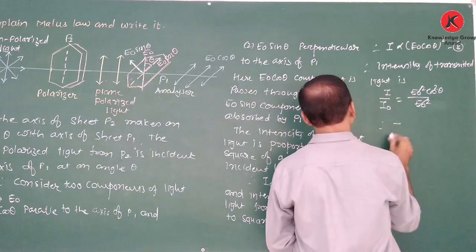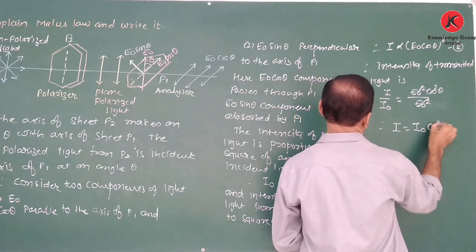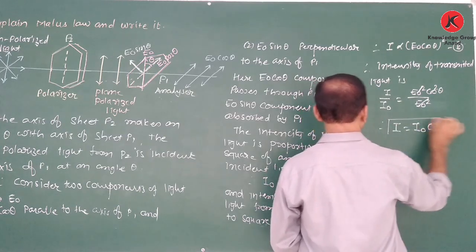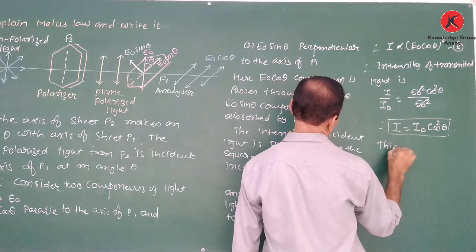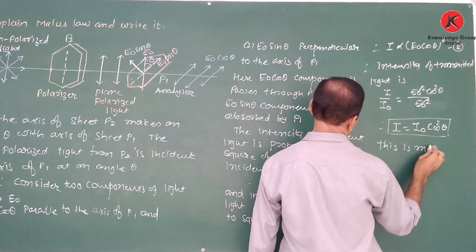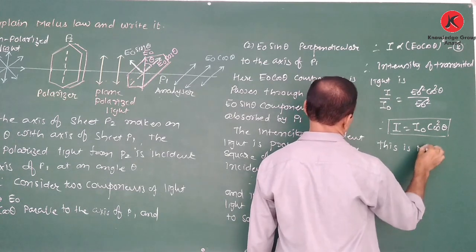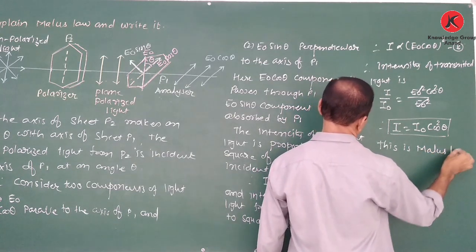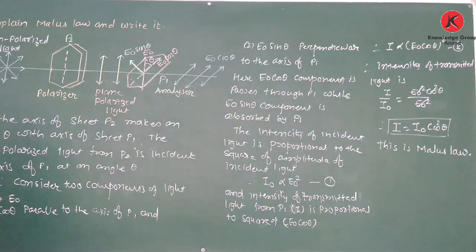E0 square cancels. Therefore, I is equal to I0 cos square theta. This is Malus law.